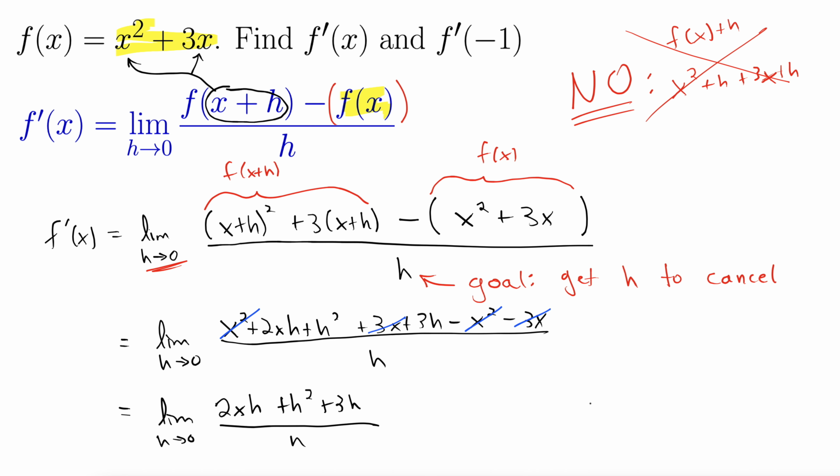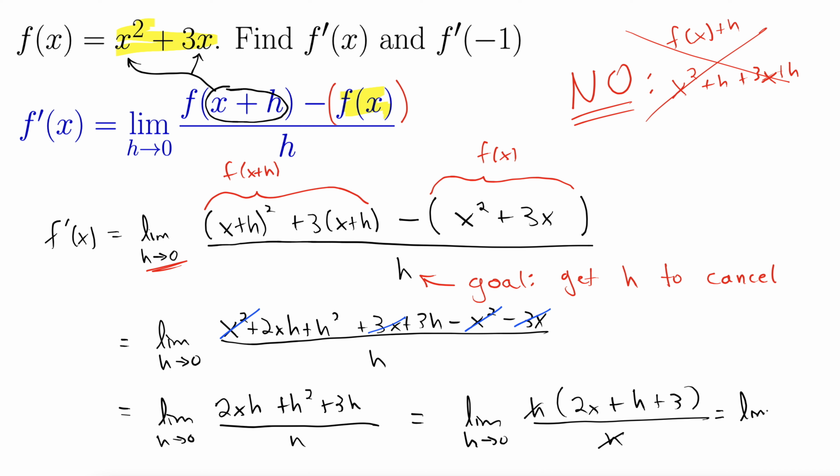Well, we can factor an h out of the numerator there. So we have the limit as h goes to 0. Let's pull out an h there. You could also just cancel it straight up, but I'll factor it out. That leaves us with 2x plus h plus 3 all over h, and finally our h's cancel. That's what we wanted to have happen.